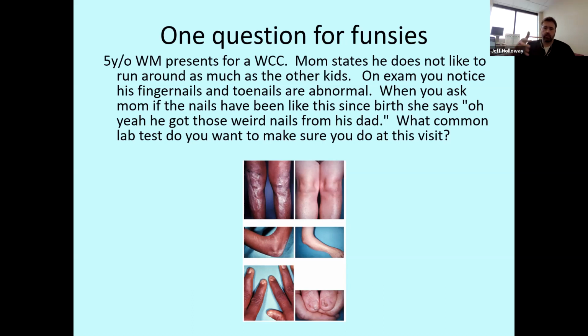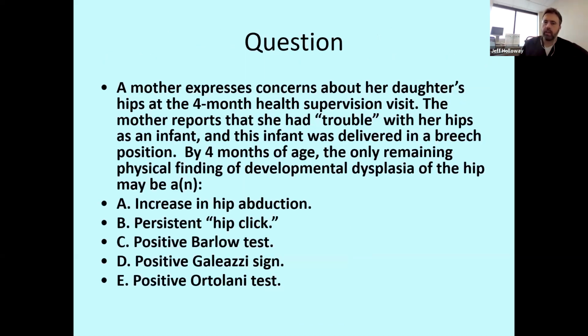So again, use these orthopedic findings to investigate more important things. He came in for a well child check, he has nail patella syndrome, that's cool, but check it soon enough and you can prevent problems.